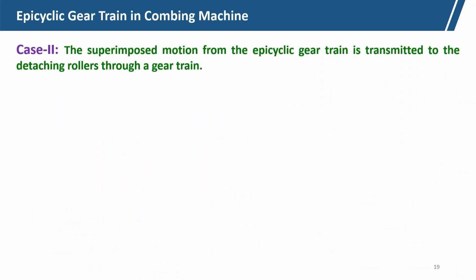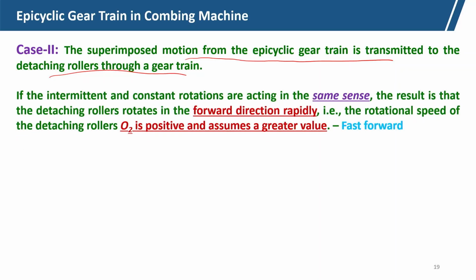Similarly, in case 2, the superimposed motion from the epicyclic gear train transmits to the detaching roller through a gear train, where these motions are in the same sense. That means the intermittent motion I and constant motion C are acting in the same direction, which results in the detaching roller moving in the forward direction with rapid movement.